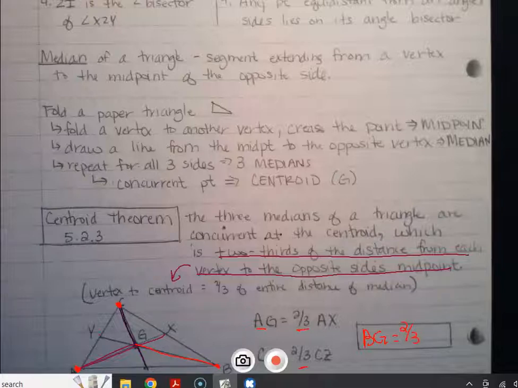Two-thirds of what? It's 2/3 of the whole length of the median BY. Good. So BG would equal 2/3 of the median, so BY.